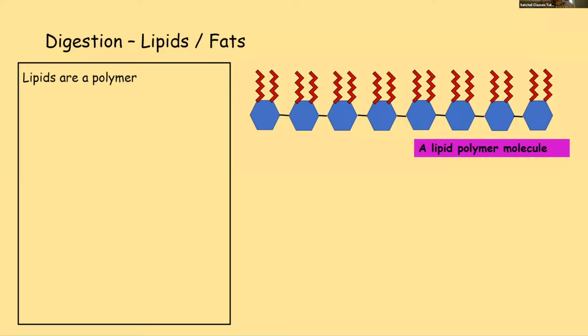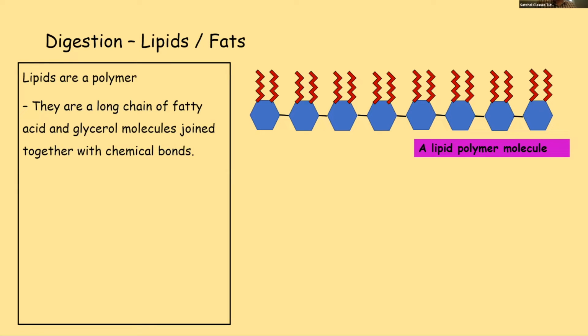Final example from digestion, lipids and fats. Lipids are a polymer, and now these are a little bit strange. It's a monomer of two particular molecules. They're a long chain of fatty acid and glycerol molecules joined together with chemical bonds.